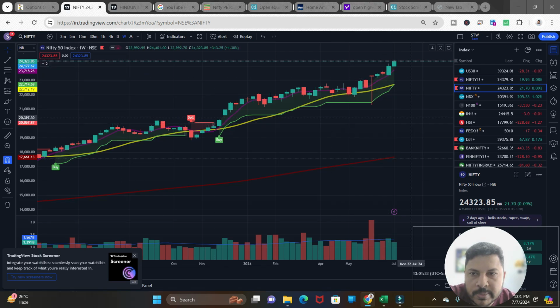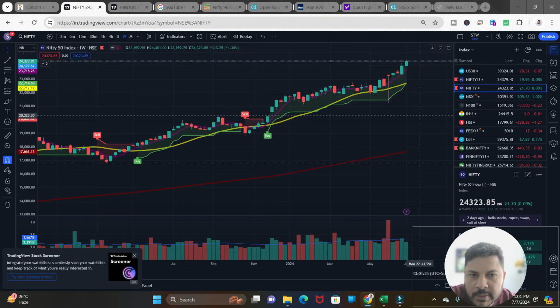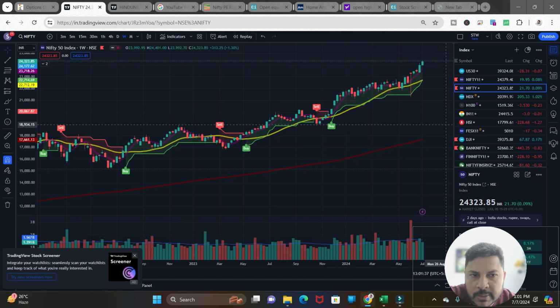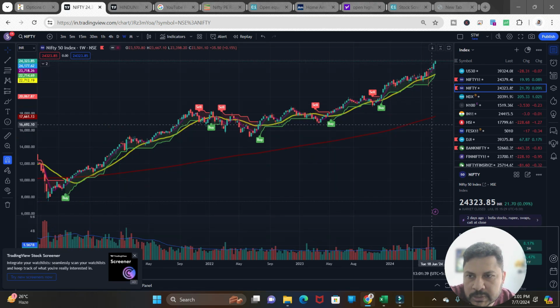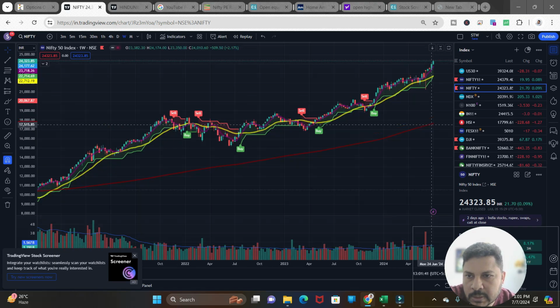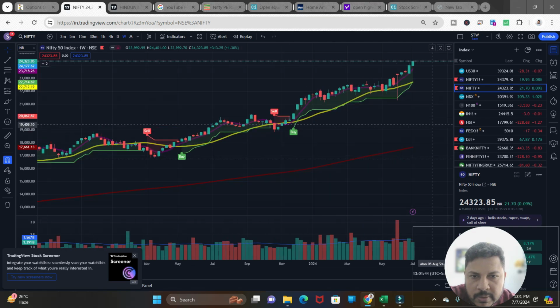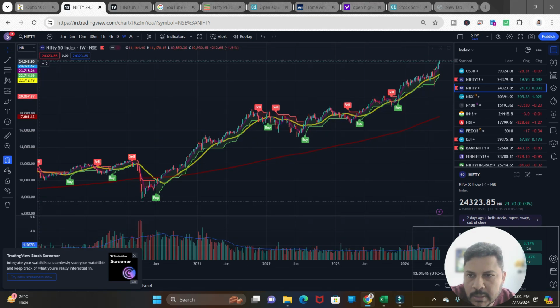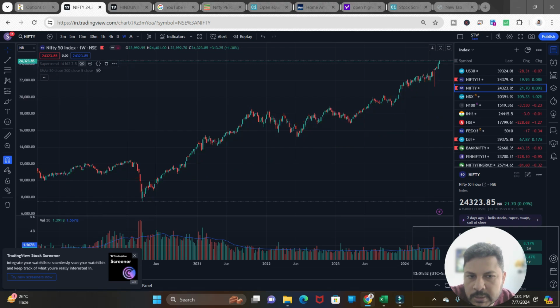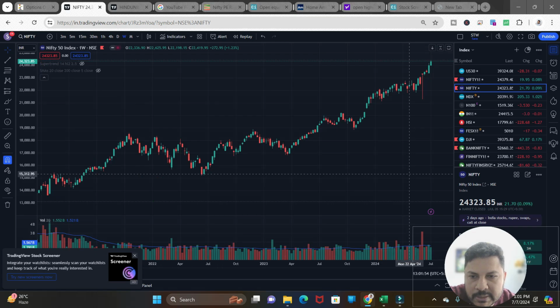So let's look at the price action right now on Nifty 50. Nifty 50 is at an all-time high now, which is 23,323, on a weekly time frame. As you can see, for a moment we can just remove these indicators, and let's look at a simple price action chart. Let me draw some lines.